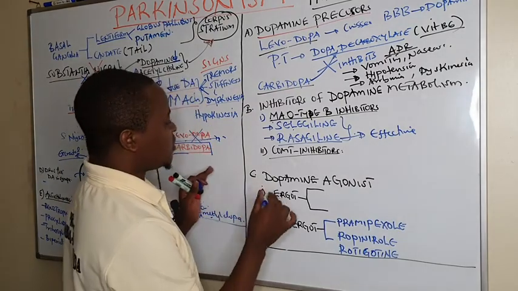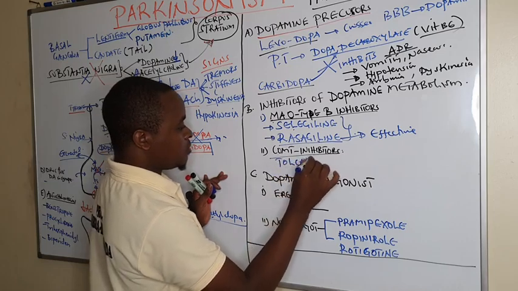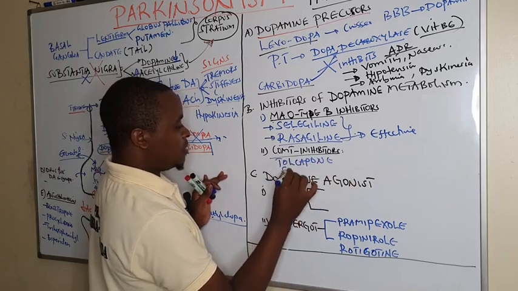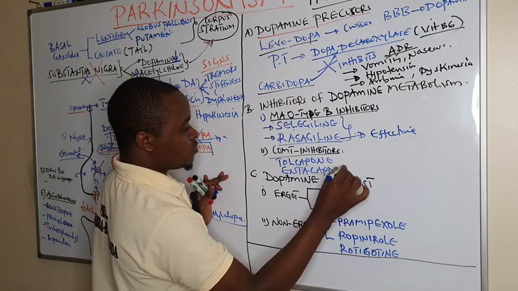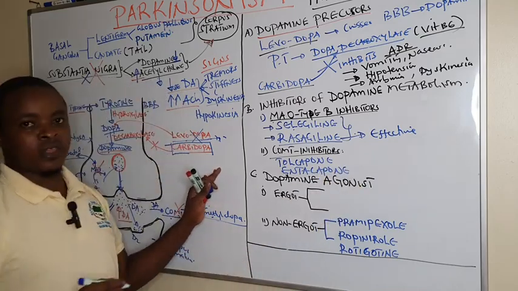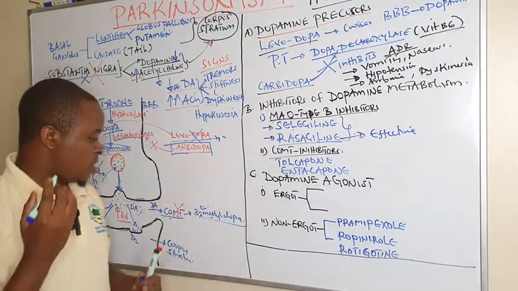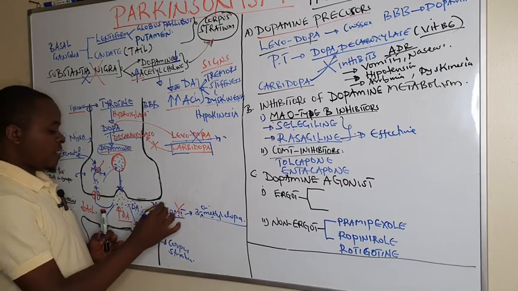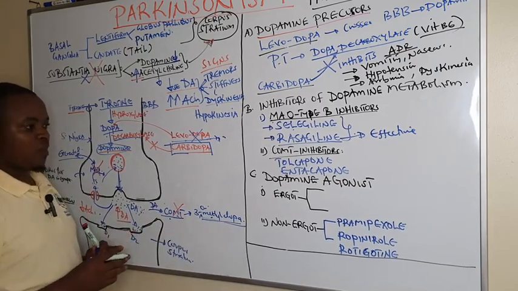So when we give drugs like tolcapone and entacapone, these two drugs inhibit catechol-O-methyltransferase, hence inhibiting the degradation of dopamine from the synaptic cleft into 3-O-methyldopa.